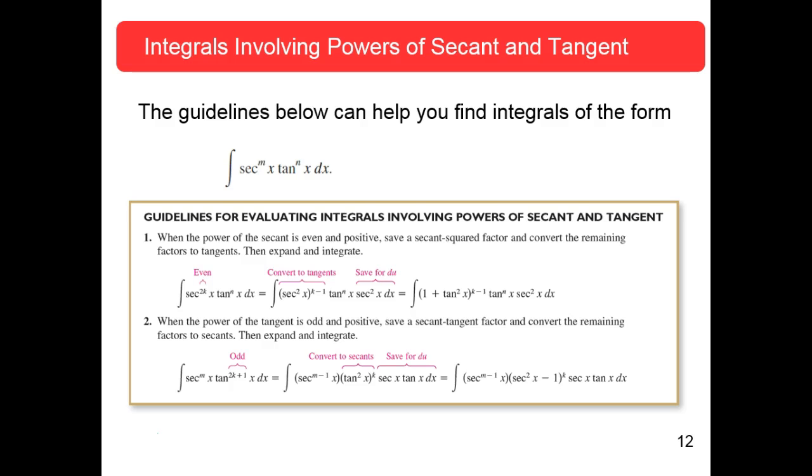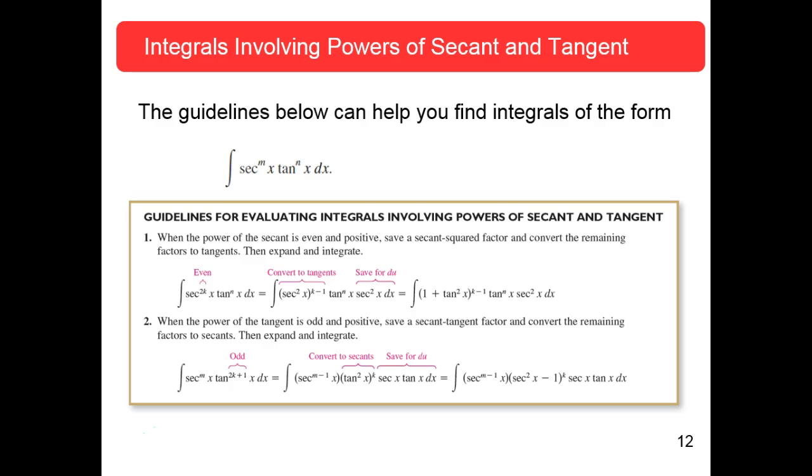You first raise this to whatever power that is. That could be a little hairy, but not too bad. And then multiply that by whatever power that is. And then you have a polynomial in tangents, and every one of them has a tangent in it, and that's the derivative of tangent. So you can do your substitution and get that done. Okay.